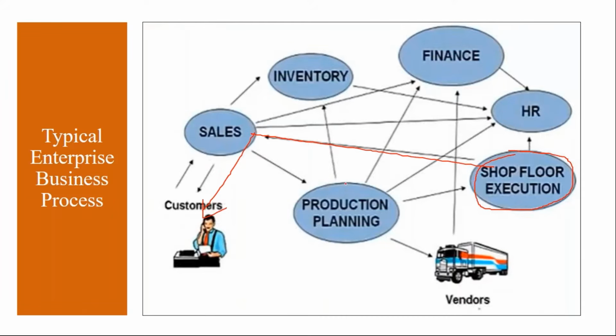Now the production planning team, when they purchase the raw materials, also update the finance department with the vendor invoices. Then the finance department will pay the amount to the vendors for supplying the raw materials. Also the sales department, once they sell the product, will update the finance department with the revenue.